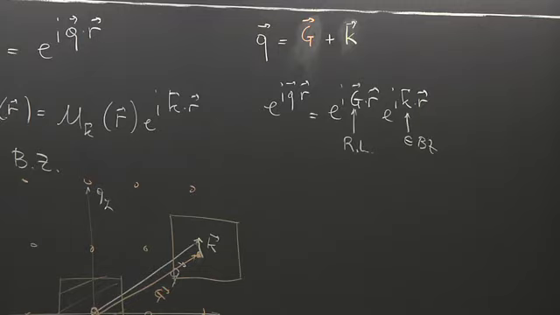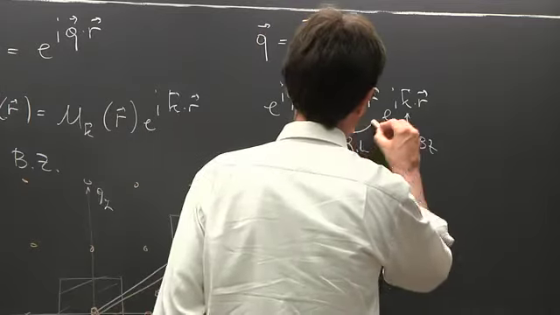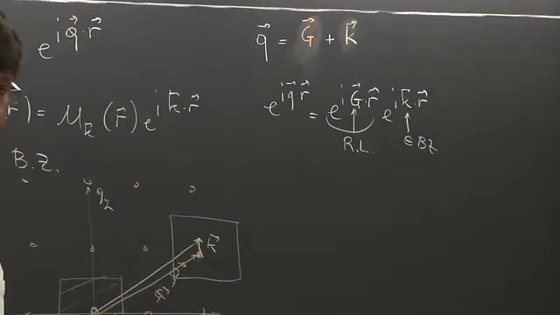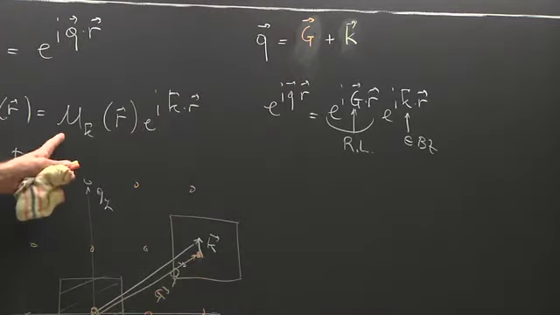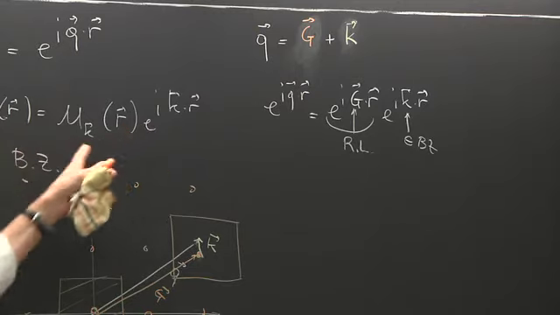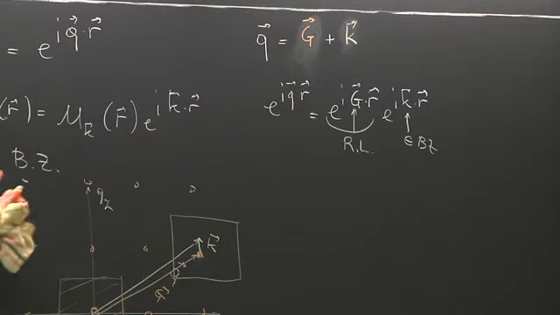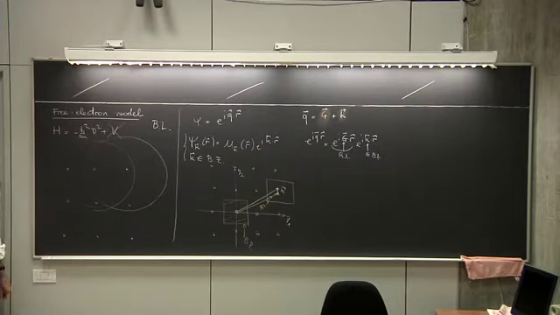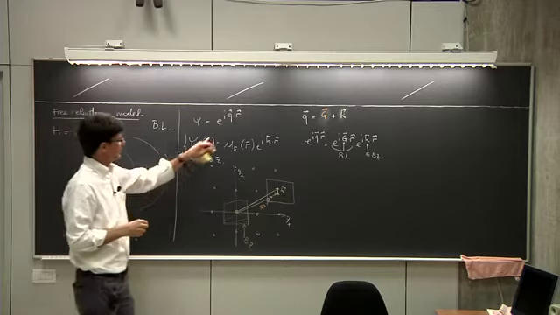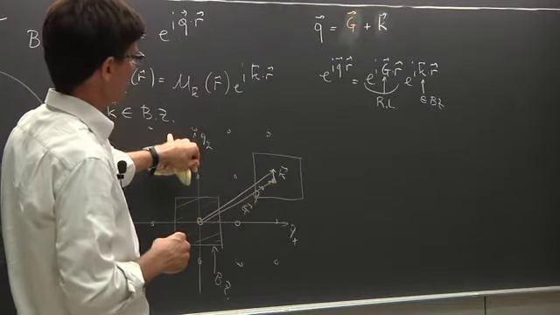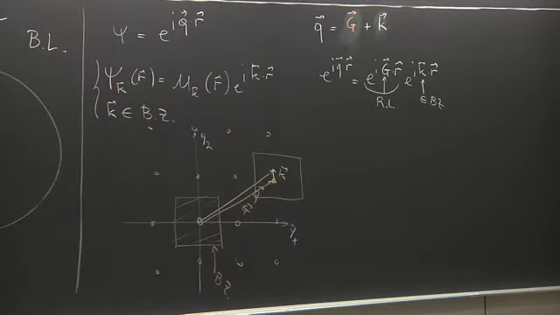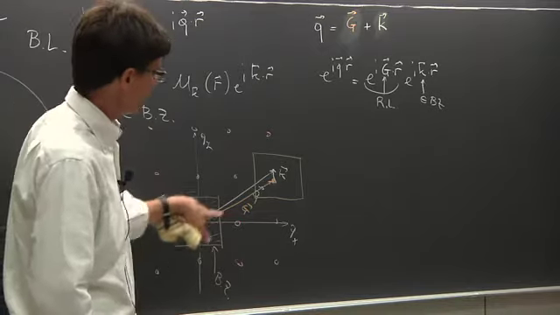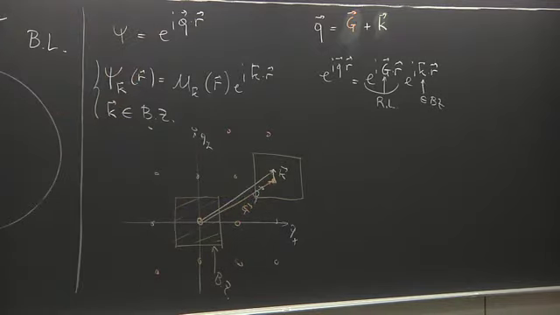But if G is a reciprocal lattice vector, what can I say about this function? It's periodic. It has the same periodicity of the Bravais lattice. So in practice, I've written my wave function as a periodic part times a phase where K belongs to the Brillouin zone. So I have been able to write a generic plane wave into Bloch's form by extracting out the periodic part and the phase, by just decomposing my vector Q in terms of the reciprocal lattice vector plus the vector inside the Brillouin zone.